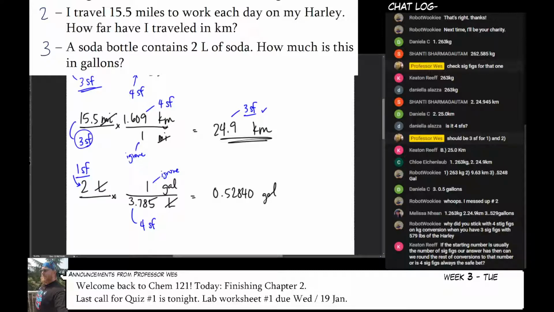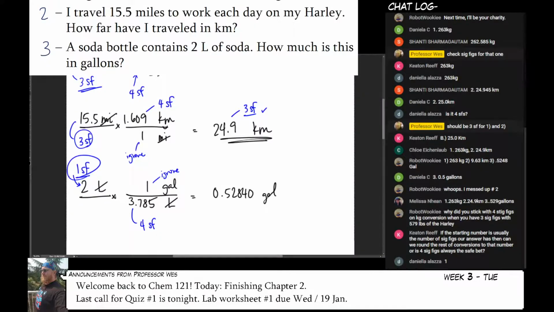So what's the smallest number of sig figs? Because we're multiplying, my answer should have only 1 sig fig. And so I would actually report this as half a gallon because there should only be 1 sig fig in our answer.